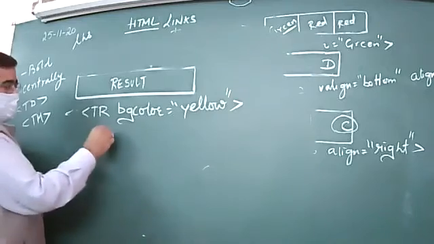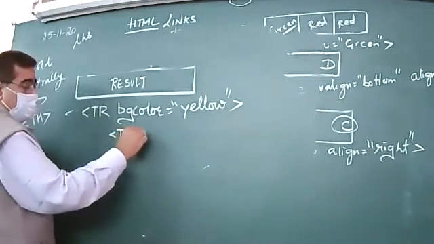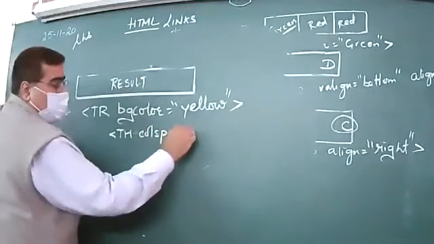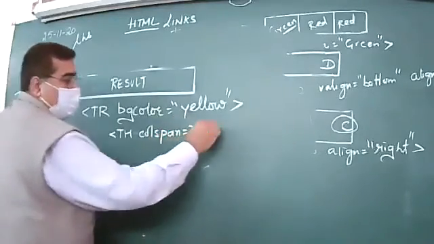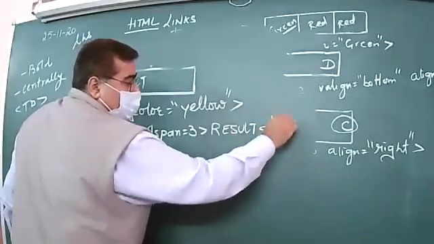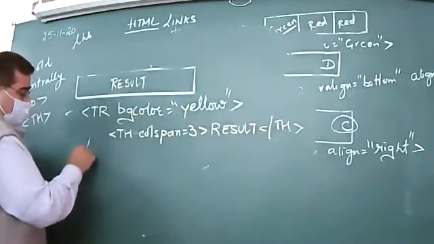Clear? TH colspan equal to 3, result, and close TH over here.